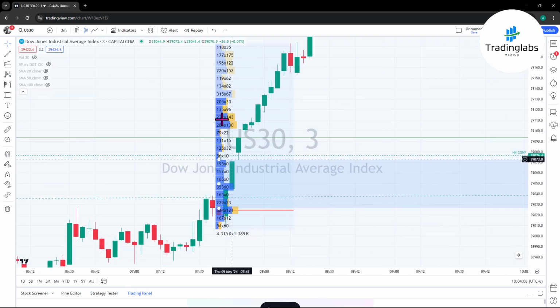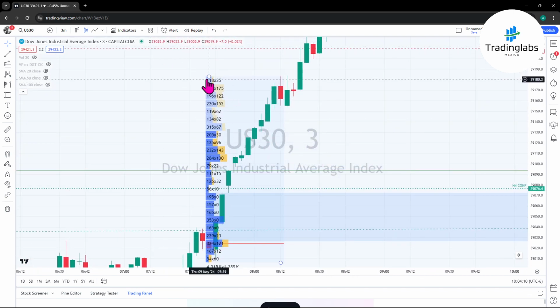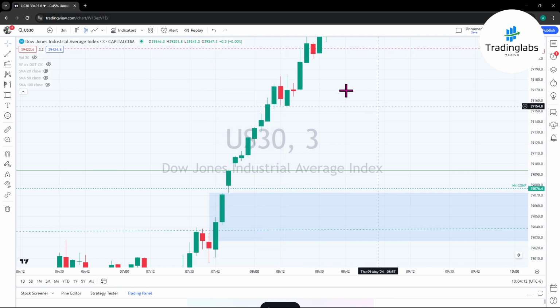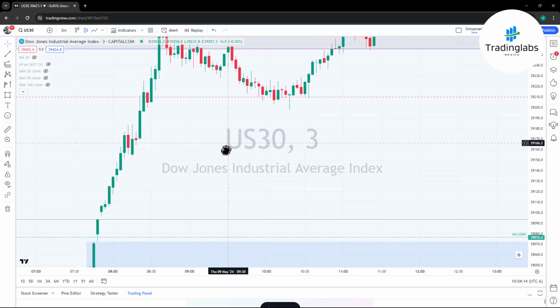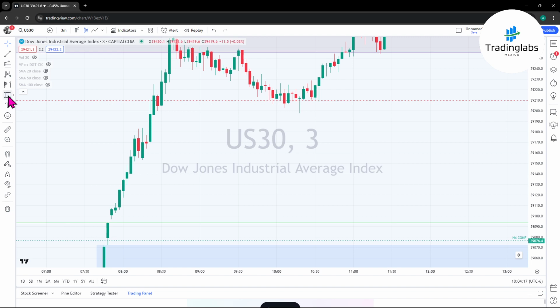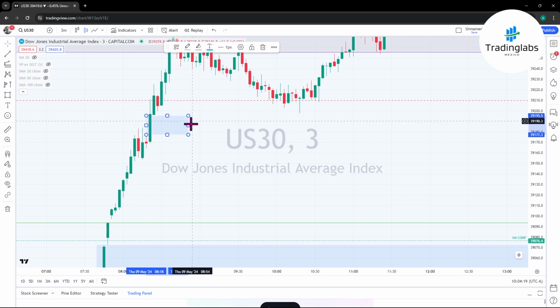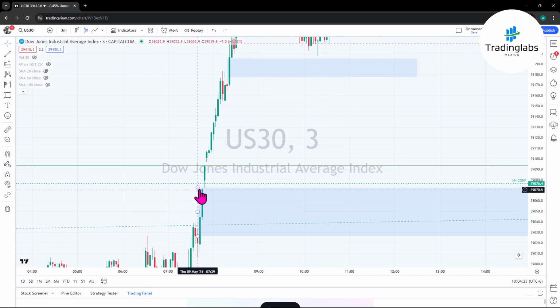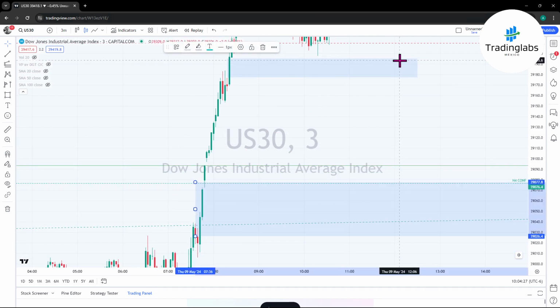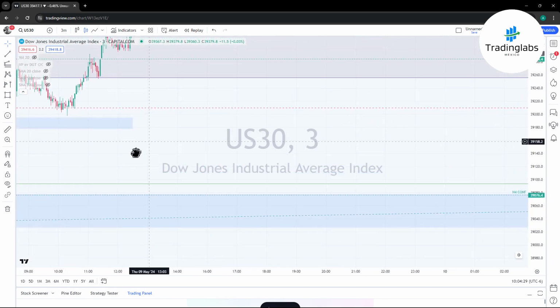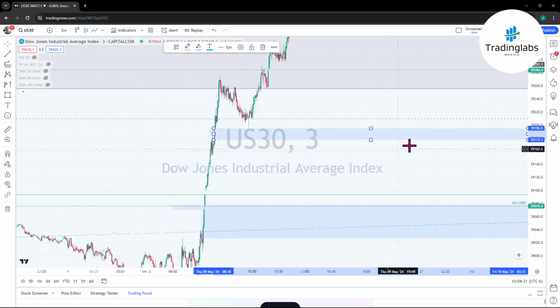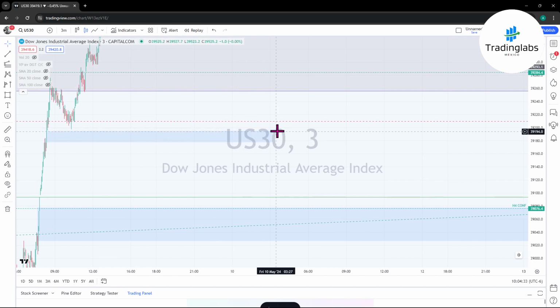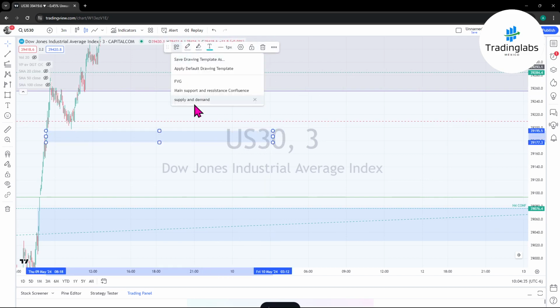From here to here, and that's it. We know that it has a fair value gap. Also, from here to here, it has another. Actually, all this is a fair value gap. It's a nice fair value gap. I mark it here as an FVG.